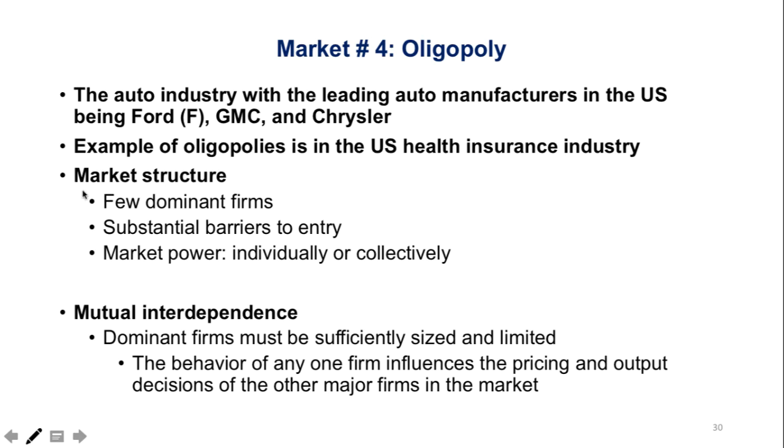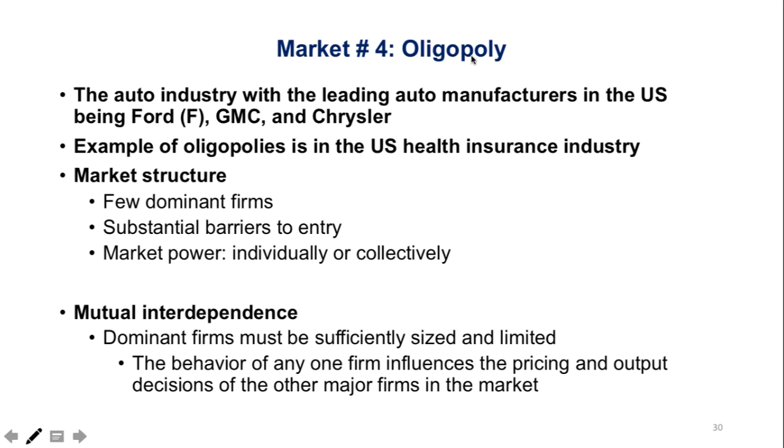So what is the market structure of oligopoly? In oligopoly market structures, there are a few dominant firms, so we have like 4, 5, 6 of them. There are substantial barriers to entry, and individually or collectively, these oligopolies have market power.